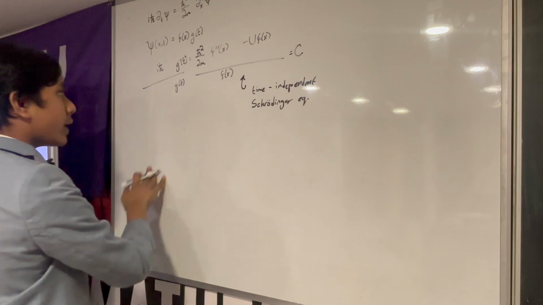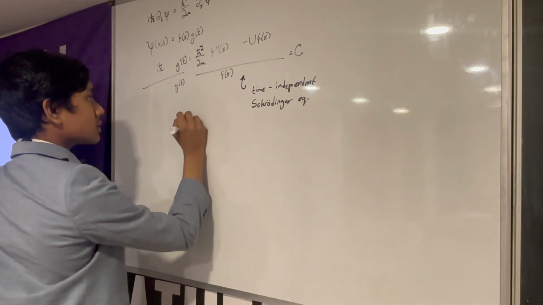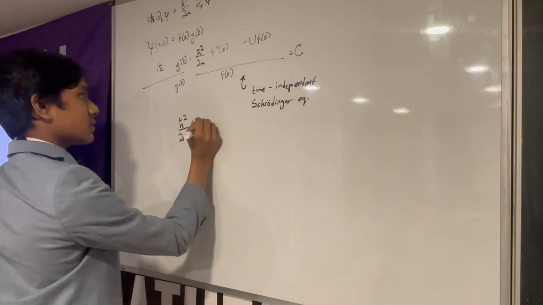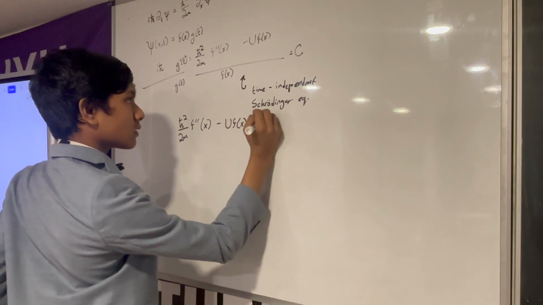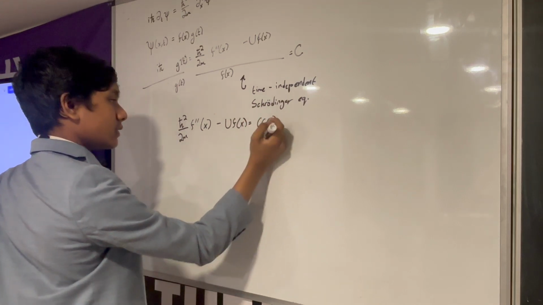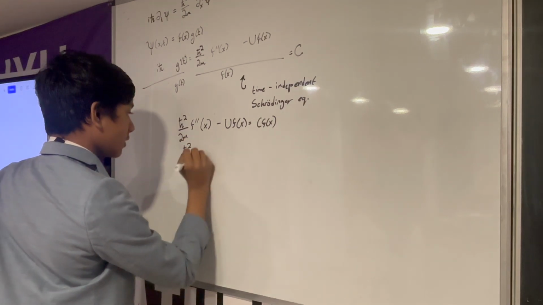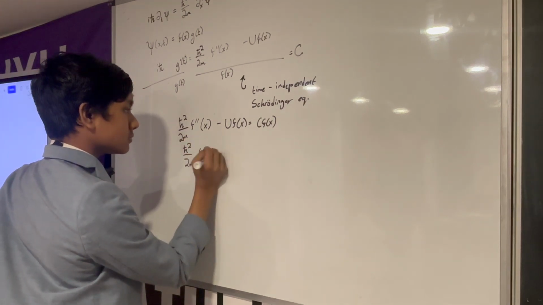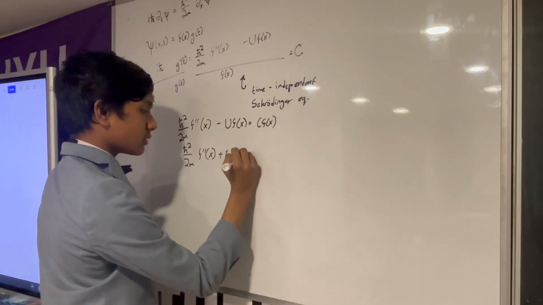Well, your first step might be to enthusiastically multiply both sides by f of x. Then bring this to the other side. Factorize it.